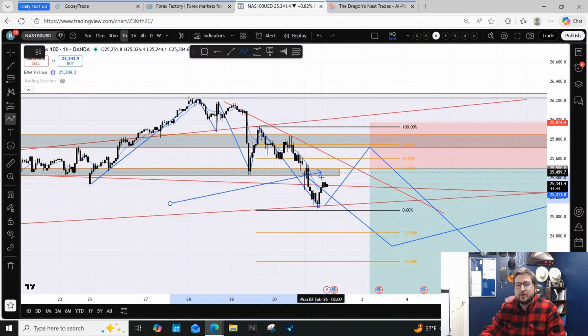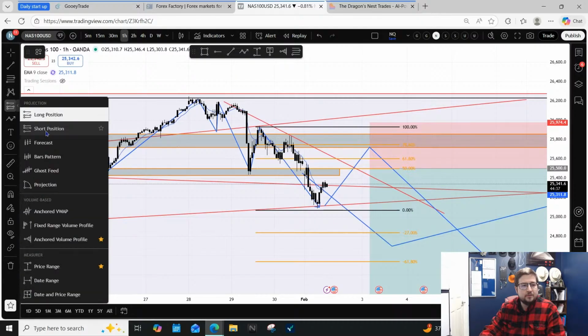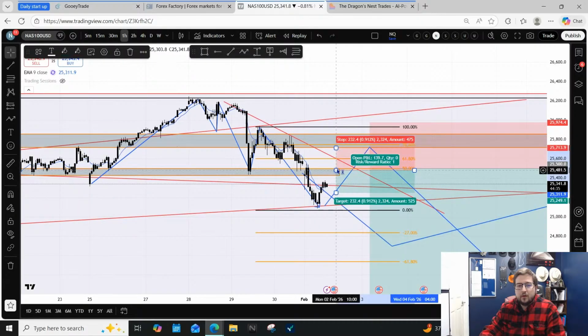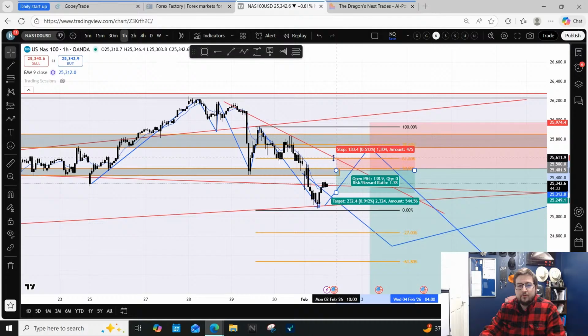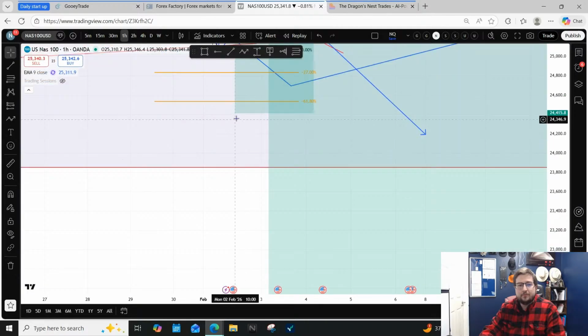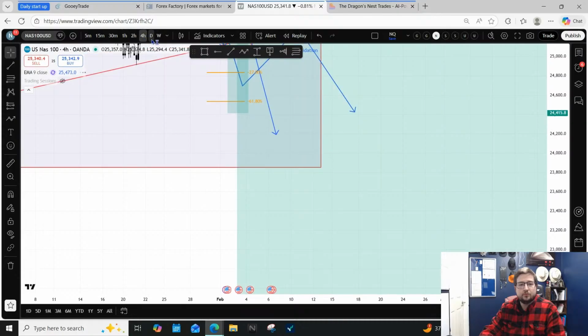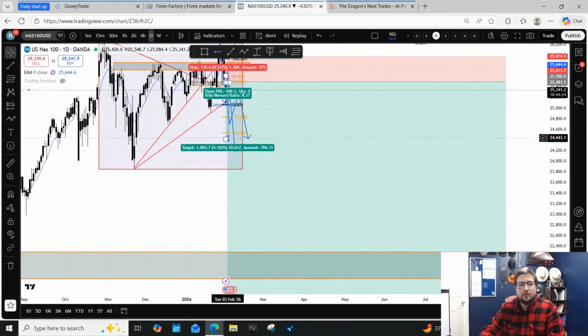If it rejects here, I would more than likely add to my position. I would add a short position here, with a stop loss in this zone and then a take profit all the way down to my original take profit zone, which will be all the way down here.